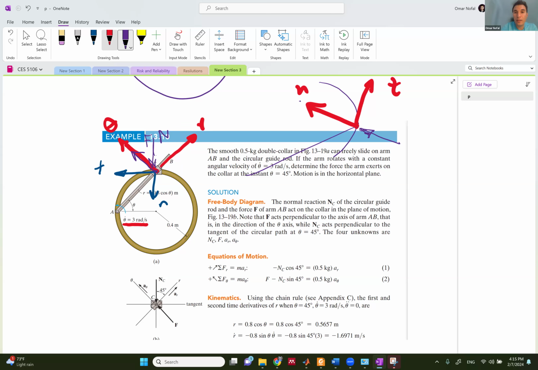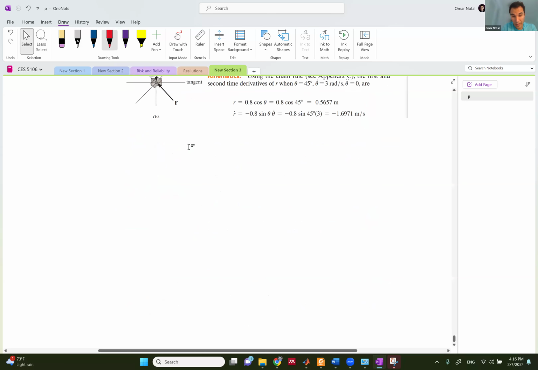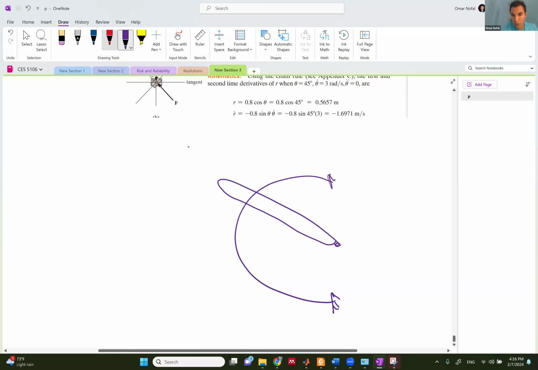So for any example that you have, like I have one from the lecture, and we had like an arm or something that is moving this way, and this is theta, and it's moving this way.